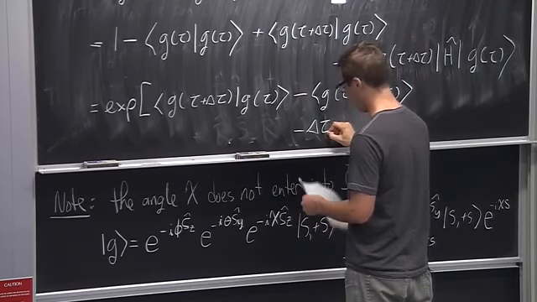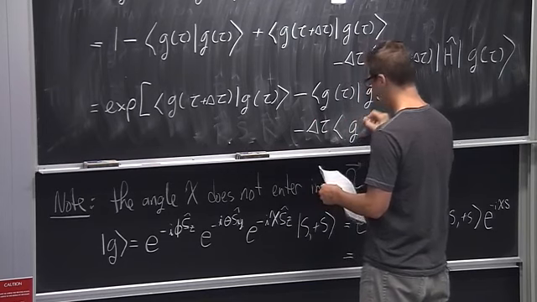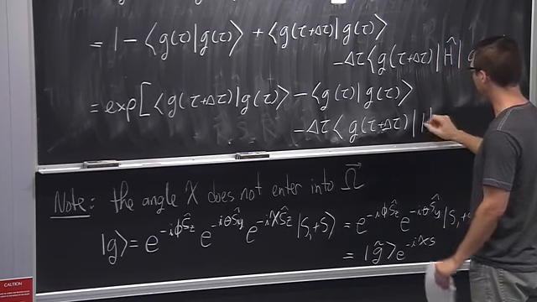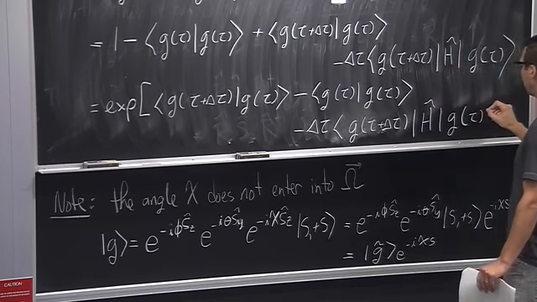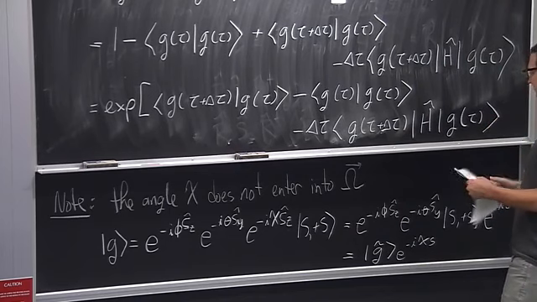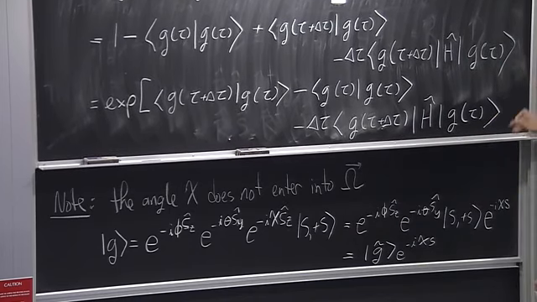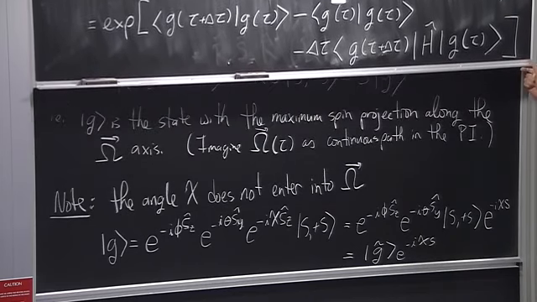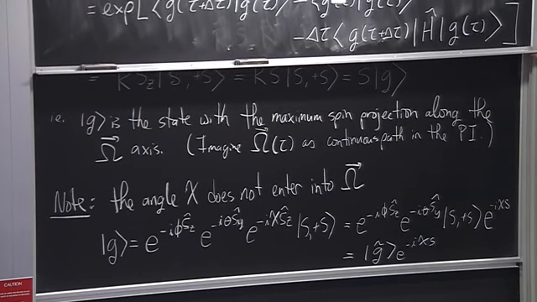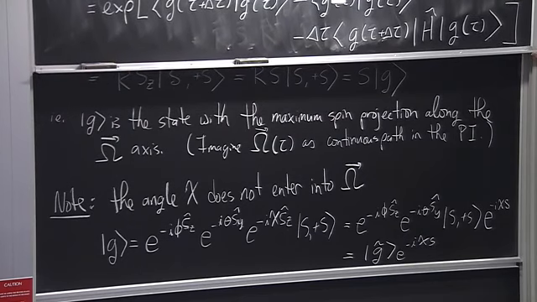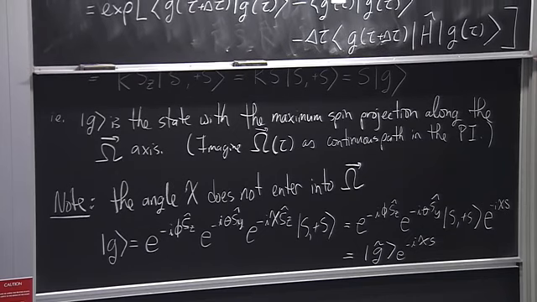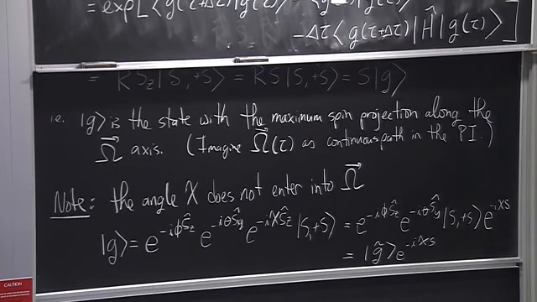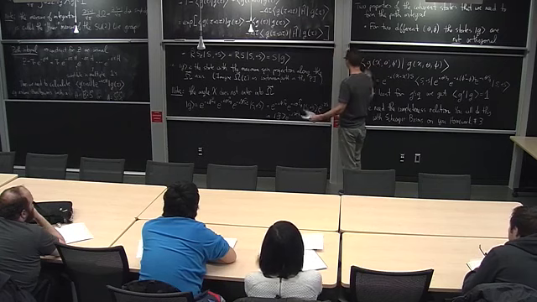And then minus delta tau, and then Hamiltonian operating on G tau. I don't know. How does that make you feel? I guess it's okay. The reason I feel weird about it is there's no delta tau in front of these things. So it's like they're not small parameters, but I feel like I've done this before and it works.